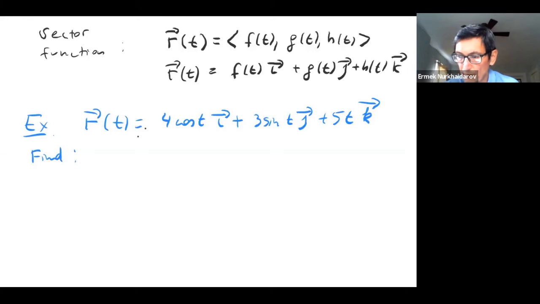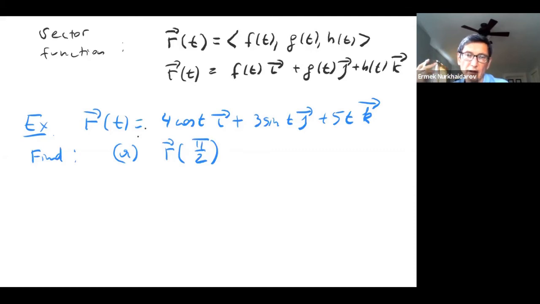So what you want to find out is what will be the position of a particle described by that vector function when time equals pi over 2. Where in space is it going to be located? We'll do our regular stuff. We'll substitute pi over 2 for t, and we're going to get a vector.